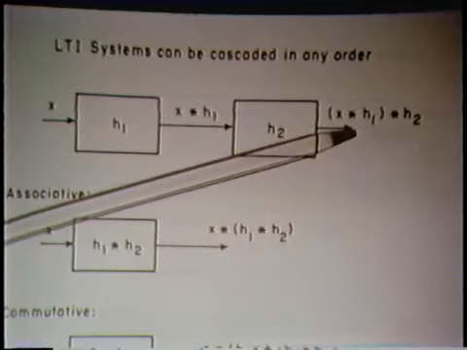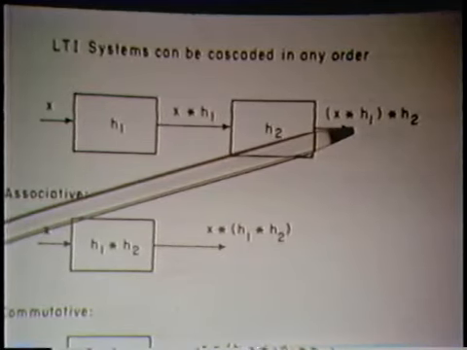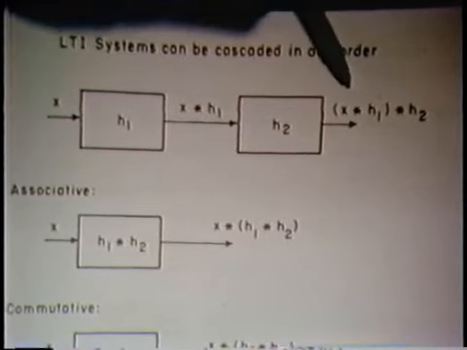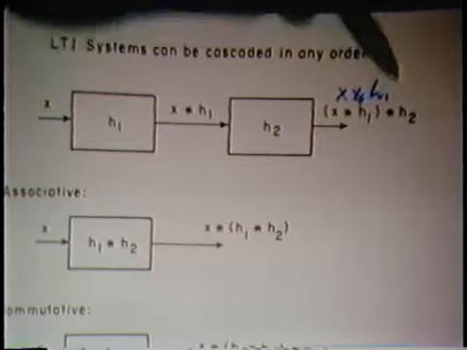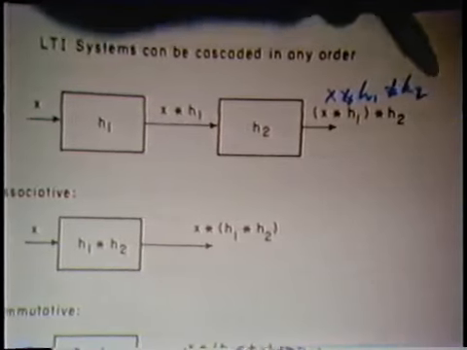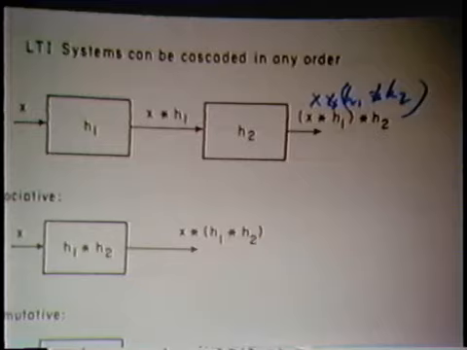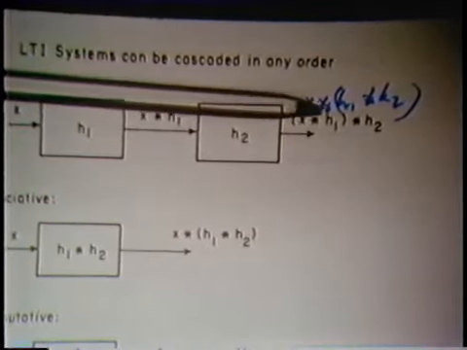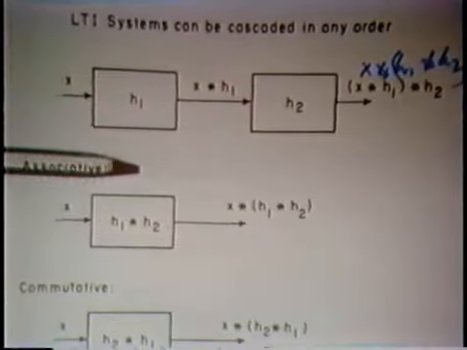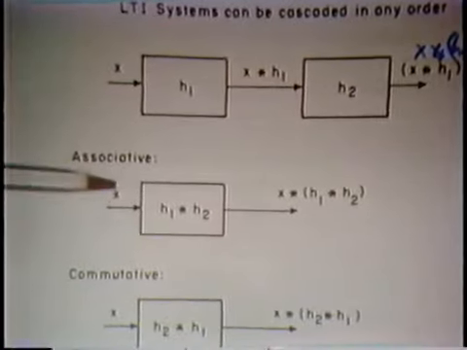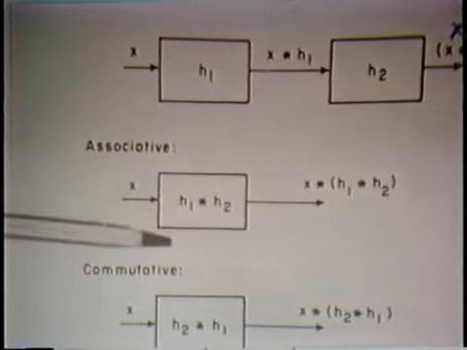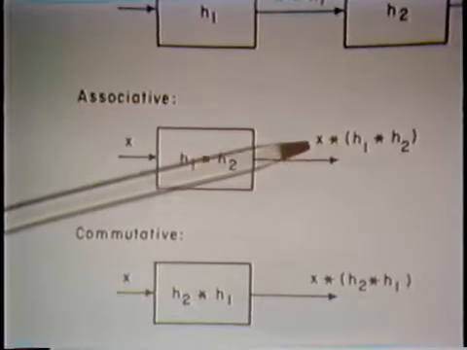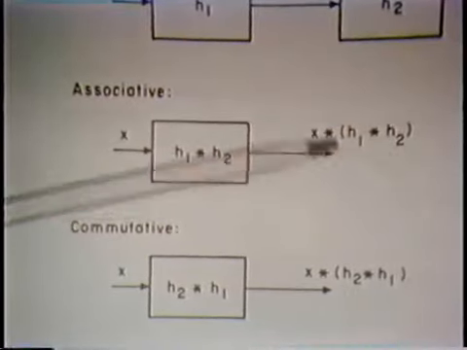And now we can use the associative property to rewrite this as x convolved with H1 convolved with H2, where we group these two terms together. And so using the associative property, we now can collapse that into a single system with an input which is x, an impulse response which is H1 convolved with H2, and the output is then x convolved with the result of those two convolved.